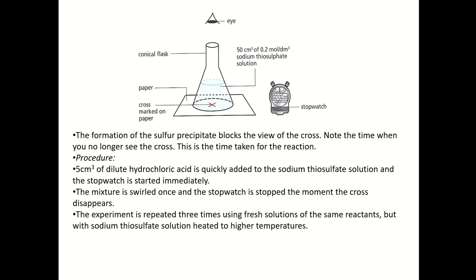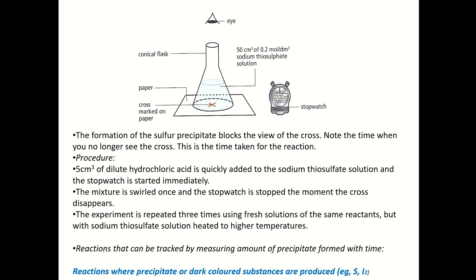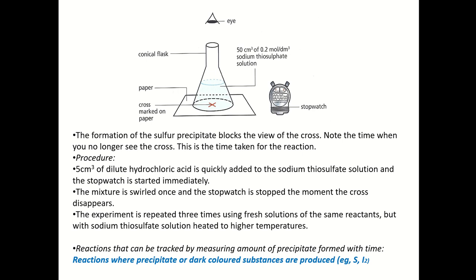So let's say you're investigating how temperature can affect the speed of reaction. So you can repeat the experiment, but at different temperatures of your sodium thiosulfate solution. Okay, so like I said, this is for reaction where you have a precipitate or a colored product that is being formed.